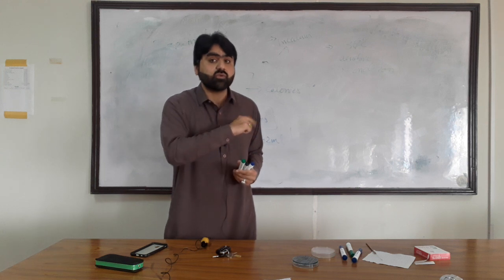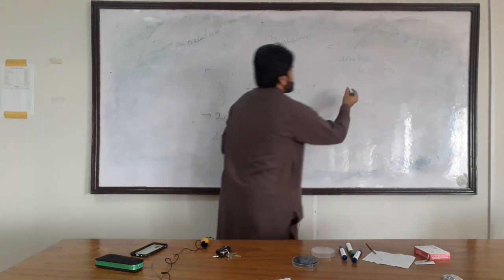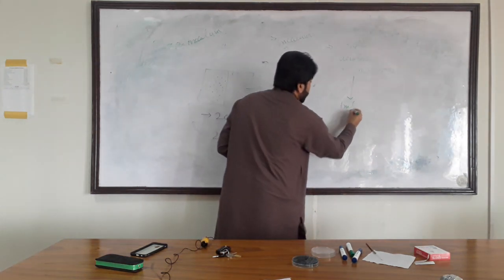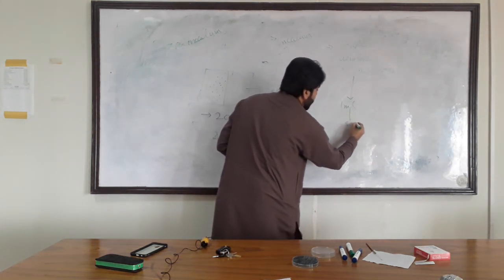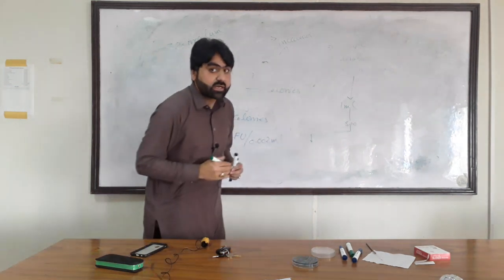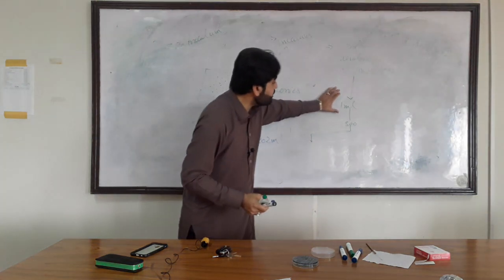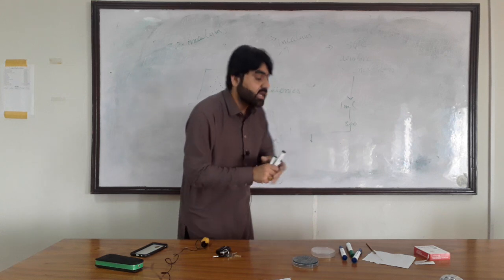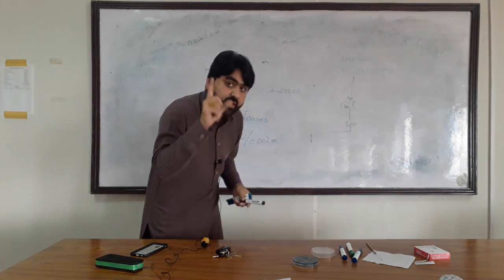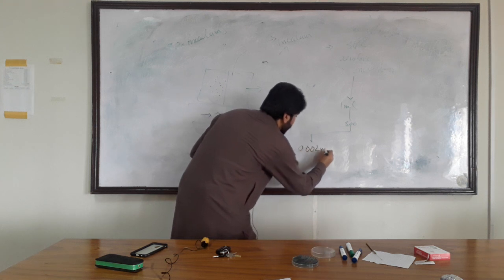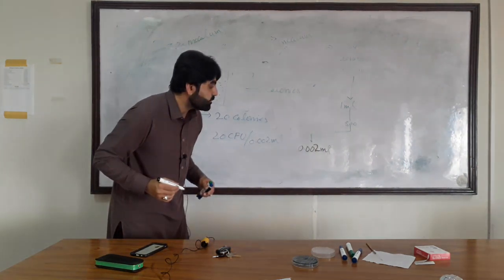So how can we calculate that? If we divide 1 ml into 500 equal parts, then what will be the size of each part? That will be 0.002 ml, which was the size of our inoculum.